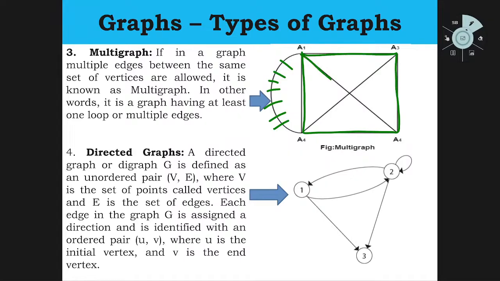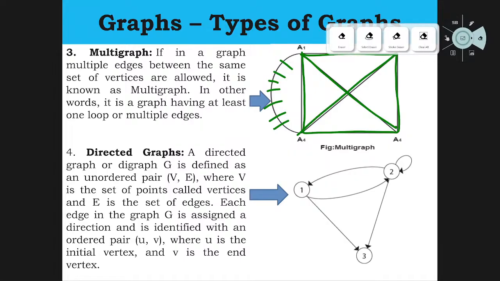Now check whether this graph is a multigraph or not. No, it is not a multigraph, because every common vertex has only one edge. Is that clear? Over?